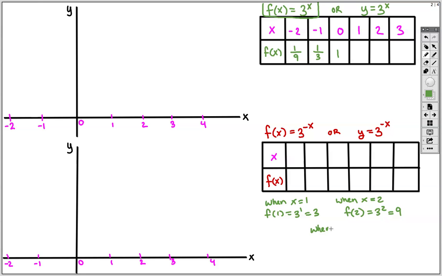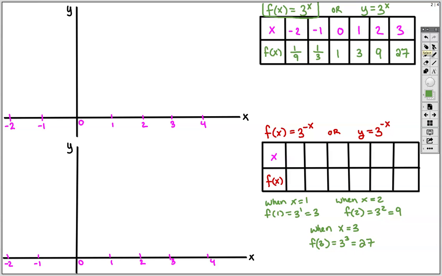And when x is equal to 3, f of 3 is going to be 3 to the third, which is 3 times 3 is 9, times another 3 is 27. Okay? So let's fill these in. When x is 1, f of x or y is 3. When x is 2, f of x or y is 9. When x is 3, f of x is 27.